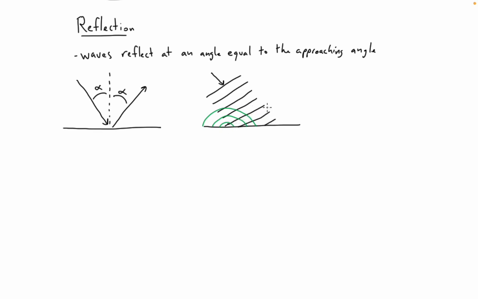So let's see, this one, by the time it gets to here, has gone about this distance, about 3 of those, right? And I've drawn about 3 of these.